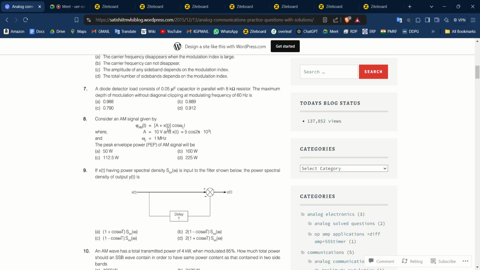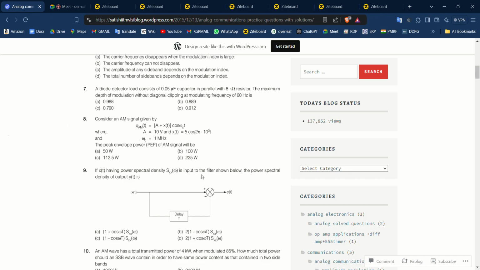Now we will get A plus 5 into cos 2 pi into 10 to the power 3 t.